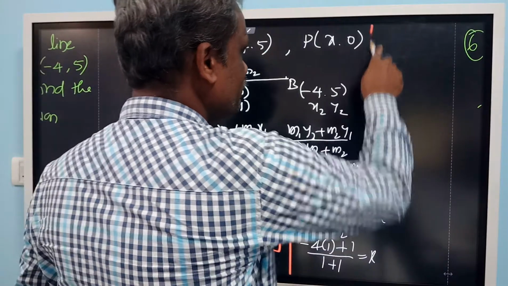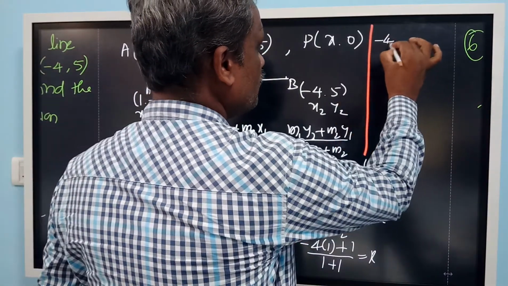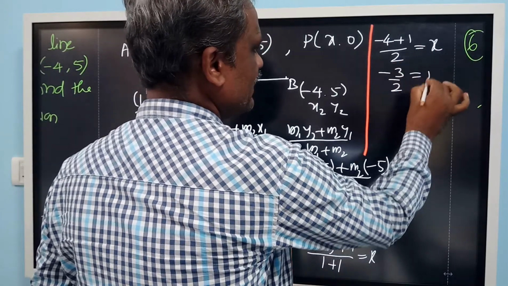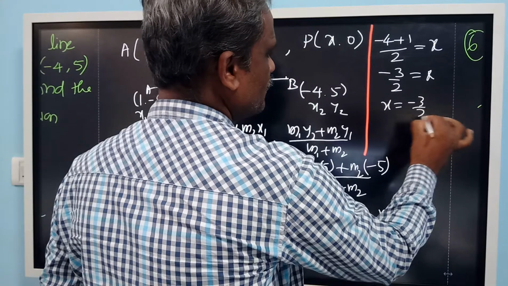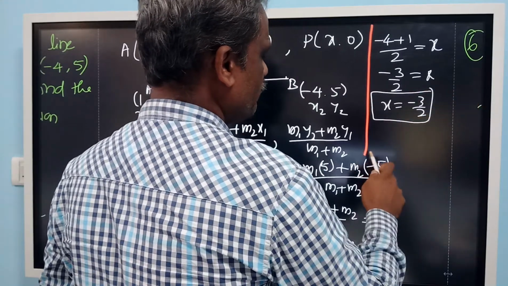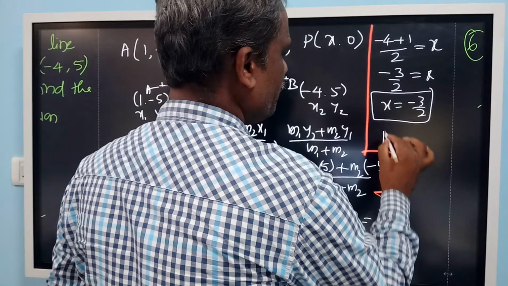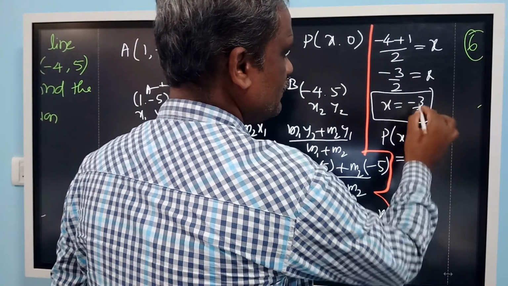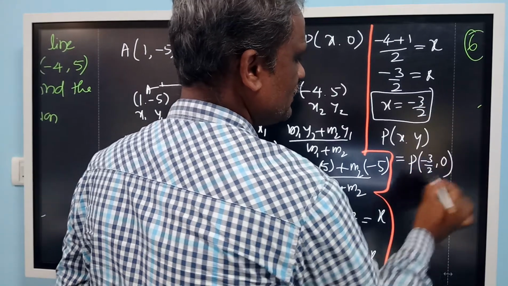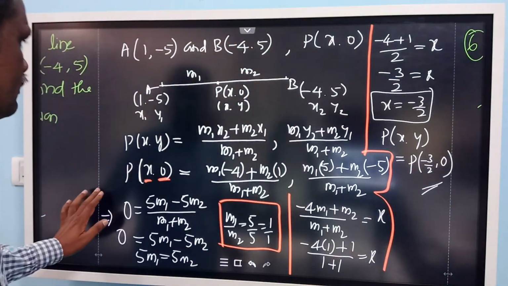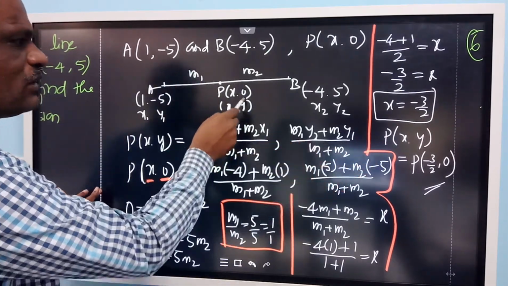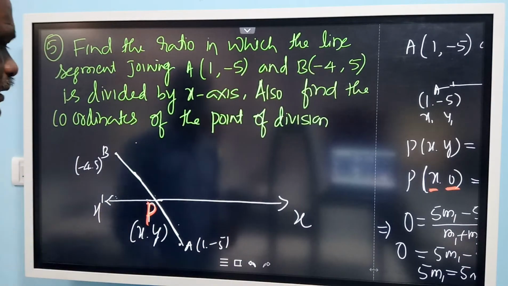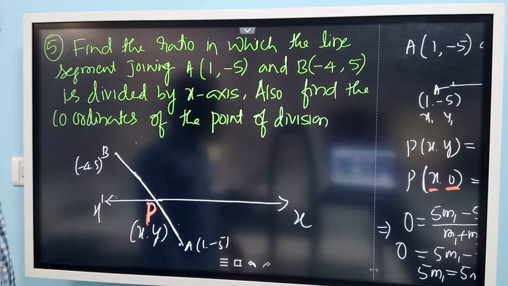So you are getting (-4 plus 1) divided by 2 is equal to x, so -3 by 2 is equal to x. The x value is -3/2. So the point P(x, y) is (-3/2, 0). This is the point on the x-axis dividing the line segment AB in the ratio 1:1.